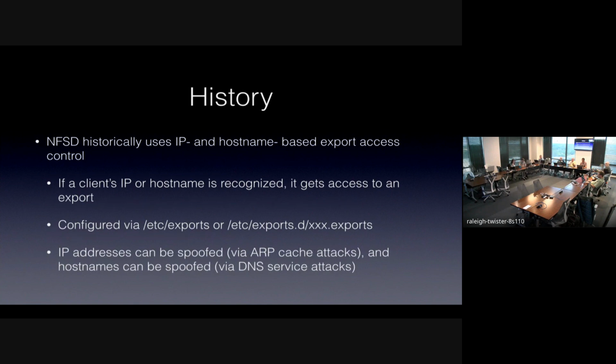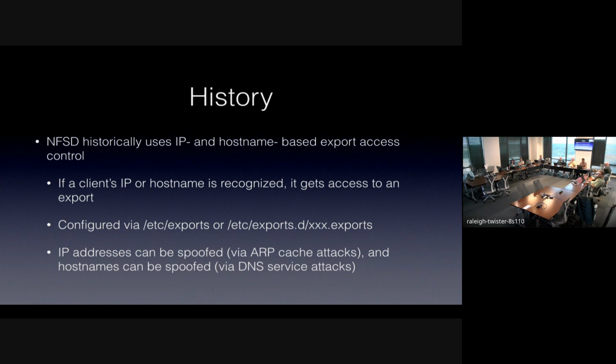So traditionally, NFSD has had these per-export controls, where you could specify one or more IP addresses or DNS host names or netgroups, and specify that this export can be accessed by that group of client peers.